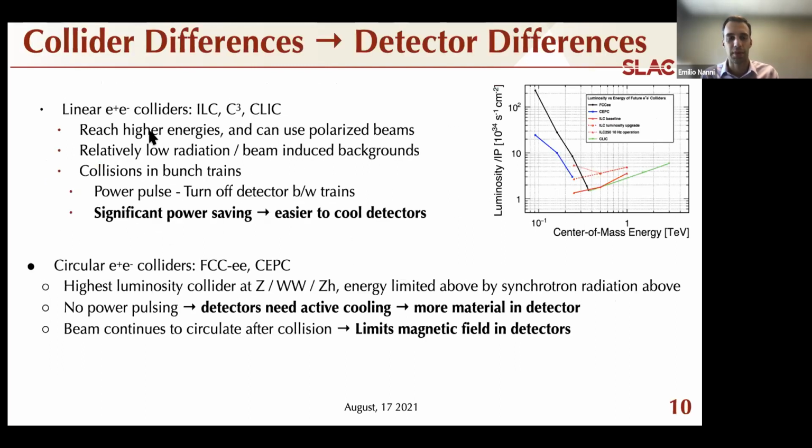So maybe this is saying things in a slightly different way, but the key statement here is that we can get significant power savings in the detectors for linear colliders, and this shows up as a benefit in terms of how they are cooled. Of course, for the lower energy range, we are fighting against the great luminosity that's achievable with the circular machines.